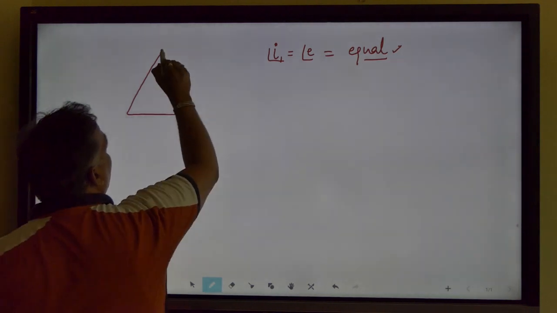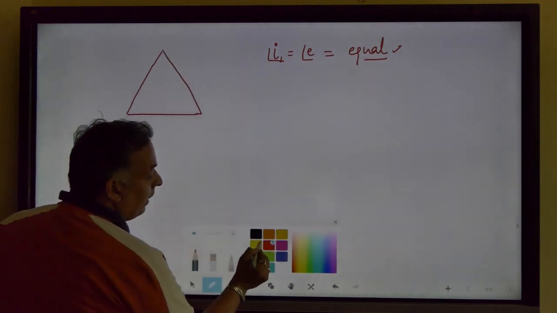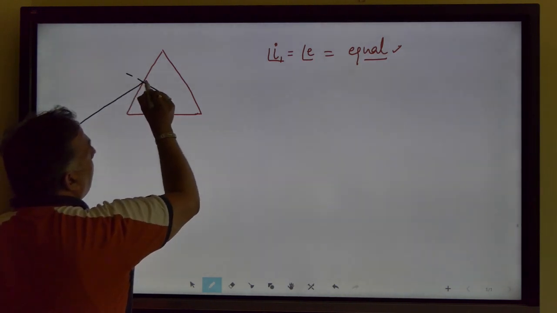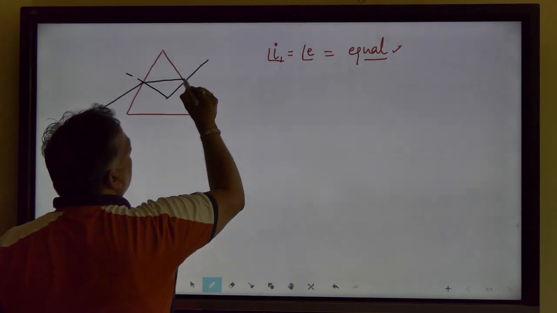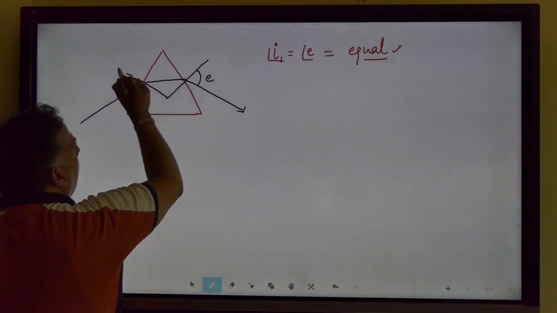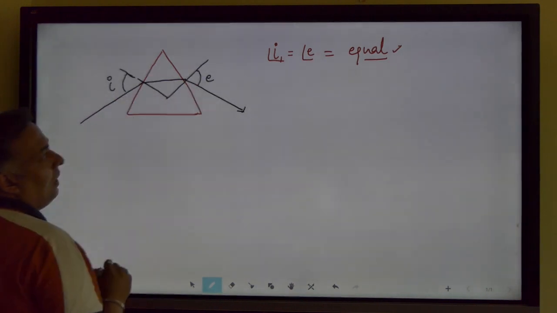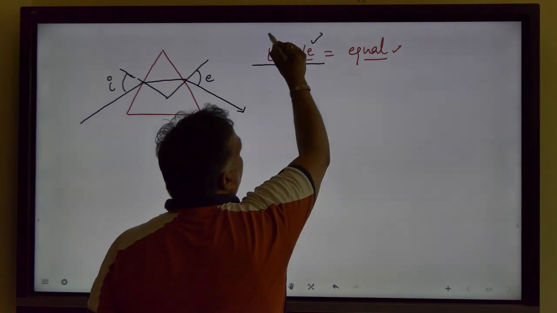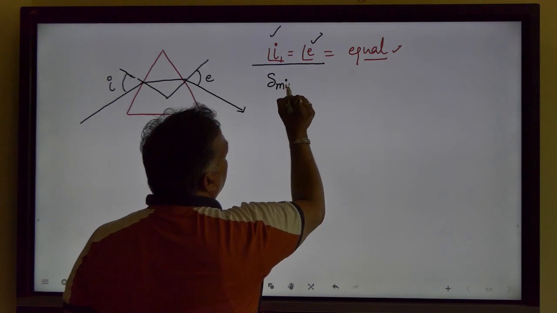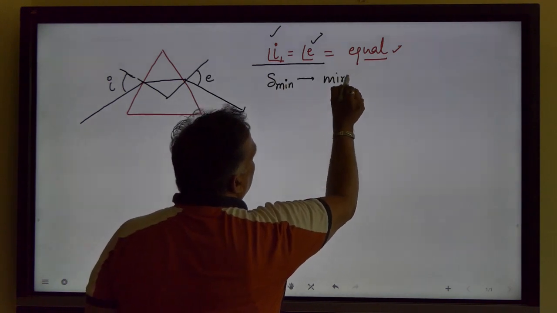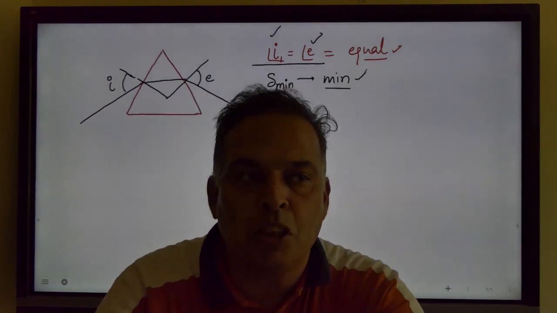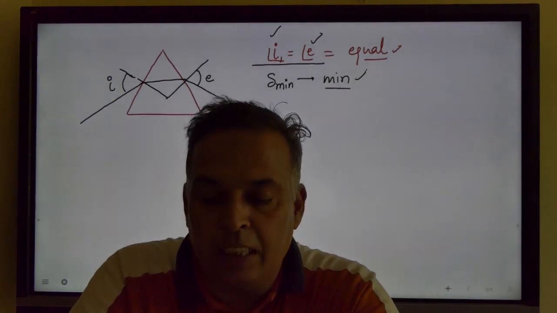This was a prism, this was the incident ray, this was the normal, it goes this way, this was another normal, this is the emergent ray, this is the emergent angle, and this was the incident angle. So the incident angle and emergent angle become equal when the deviation becomes minimum.